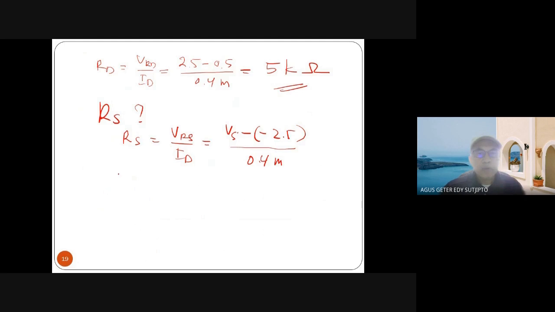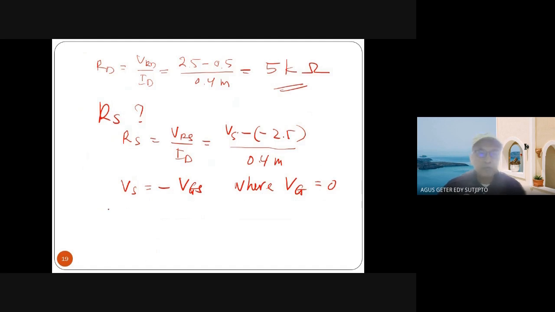Yeah, VRS here is VS minus 2.5, and ID is 0.4 milli. Again, VS equals minus VGS, which was just given.